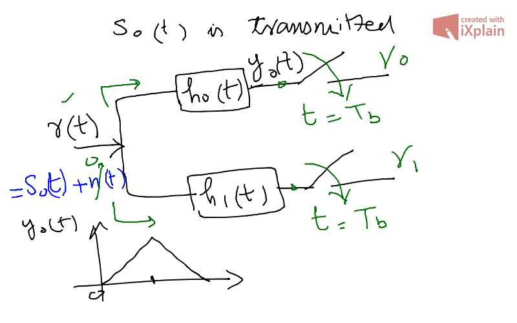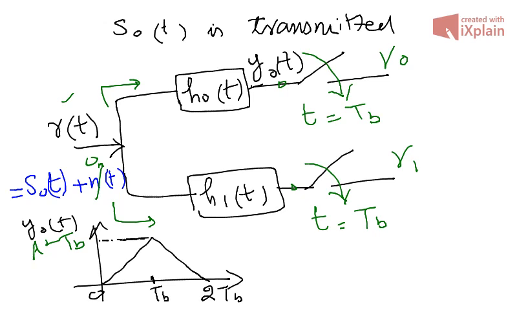The peak value is at instant Tb, and the whole response extends up to 2 times Tb. This peak value is equal to A squared Tb. We took the unit time Tb equal to 1 and A equal to 1, and got this one. If these are other than 1, it would be A squared Tb, which you can prove easily.